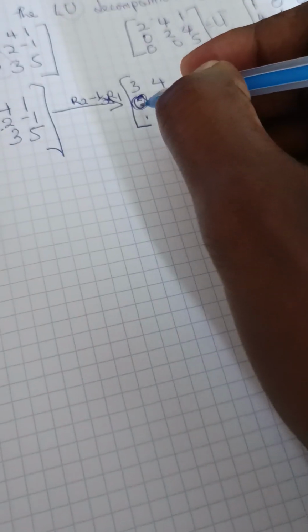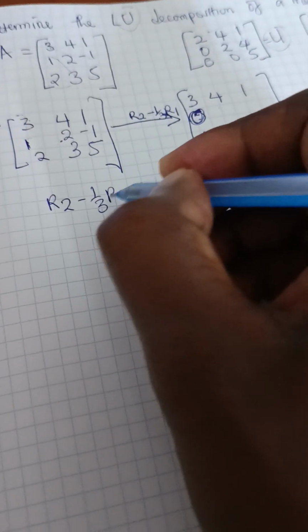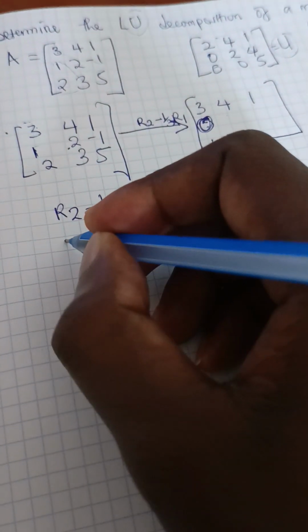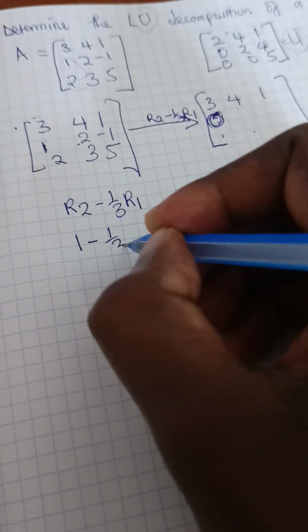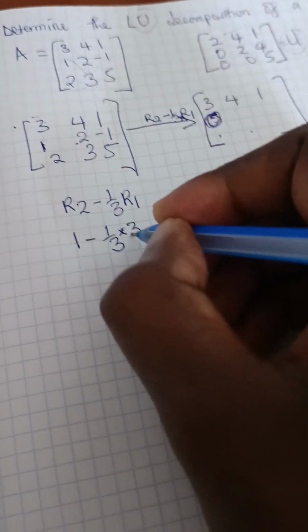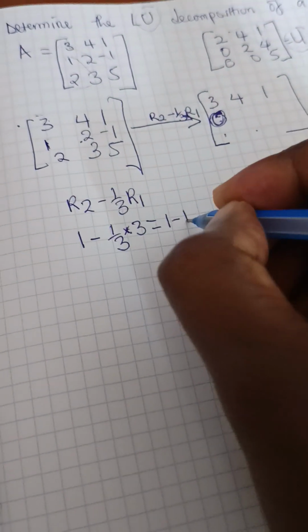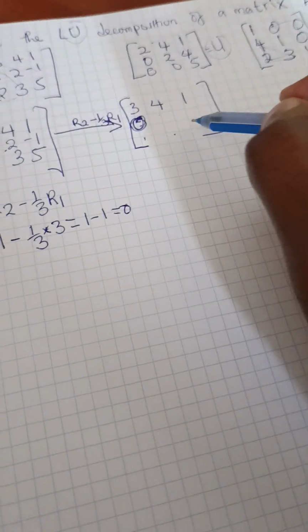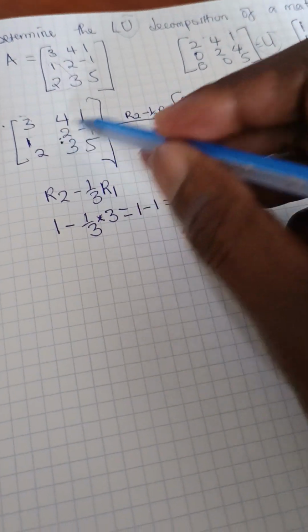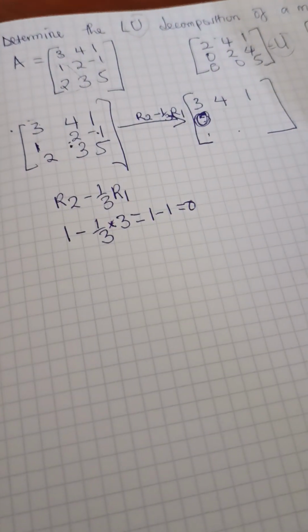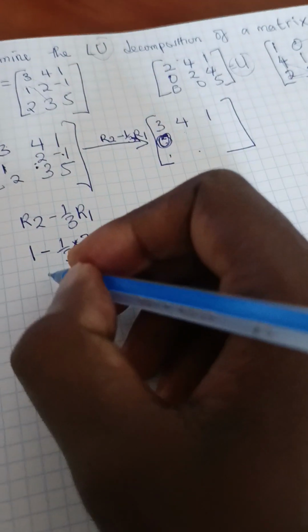So if I want to create a 0 here, I get row 2 minus a third of row 1. That is if I have 1 minus a third of 3, then I come up with 1 minus 1, which is a 0. That's done. So we have to do for this and this. And if we do it, we're going to finish. So let me do another one.